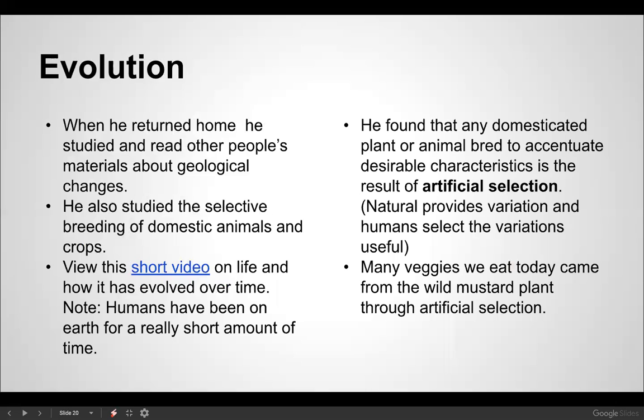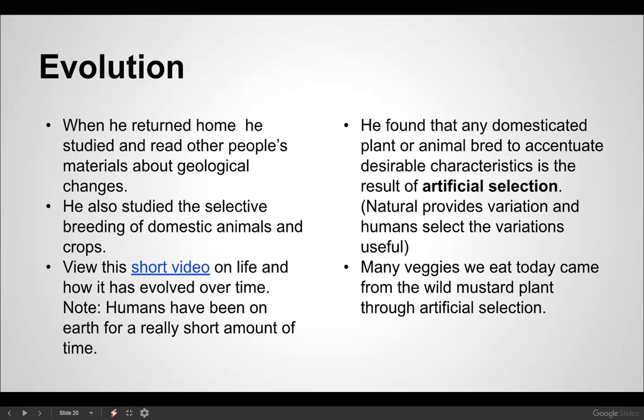When Darwin returned home, he read other people's materials about geological changes. He studied selective breeding of domestic animals and crops. You can take a look at the video and see some more information here. He found that any domesticated plant or animal bred to accentuate desirable characteristics is the result of artificial selection, not natural. Natural happens on its own.